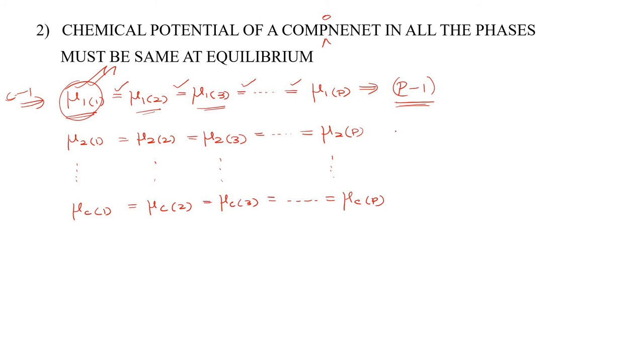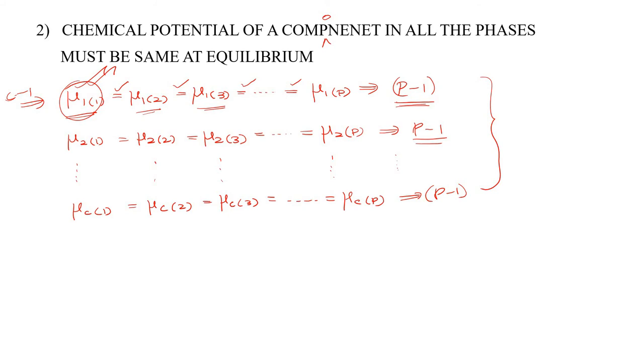Similarly, from the second equation for component 2 also, you need not specify p minus 1 variables. In a similar manner, for each and every component we need not specify p minus 1 variables.